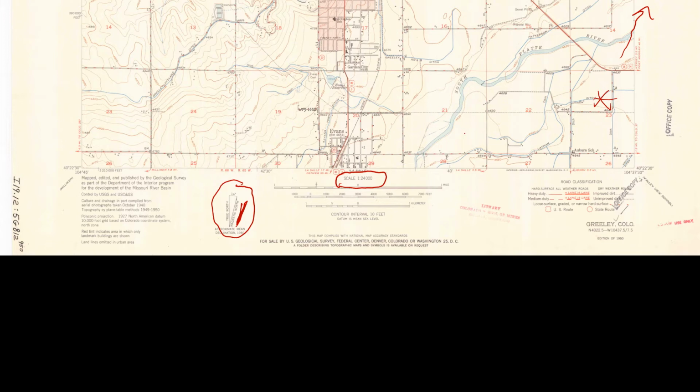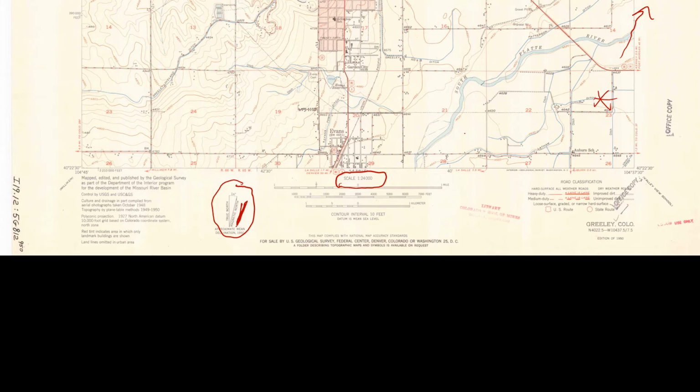Or in other words, if you blew this map up 24,000 times, you'd be able to perfectly lay it over that area. Another way is that you can do some math with this too. What that says is that every unit on your map, so let's say something measures an inch across on your map, in real life it's 24,000 inches.